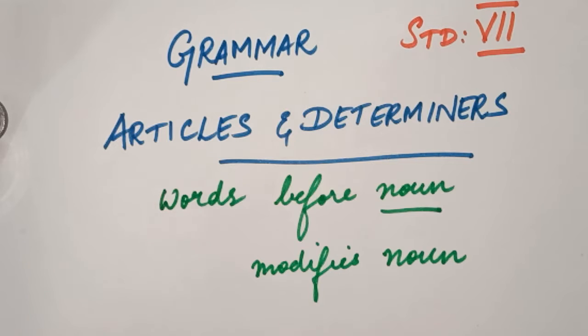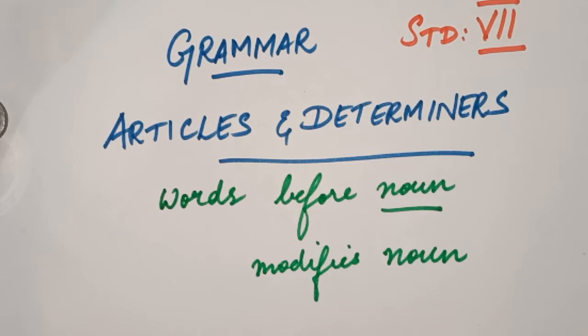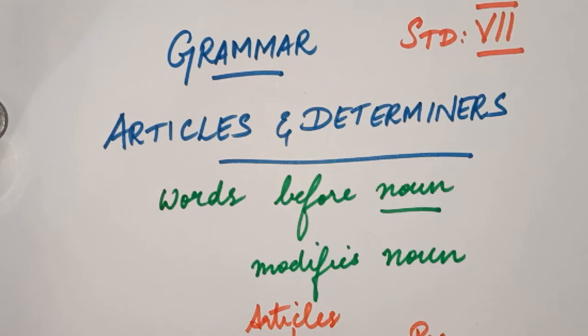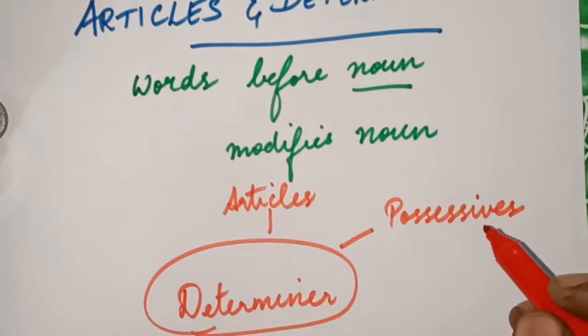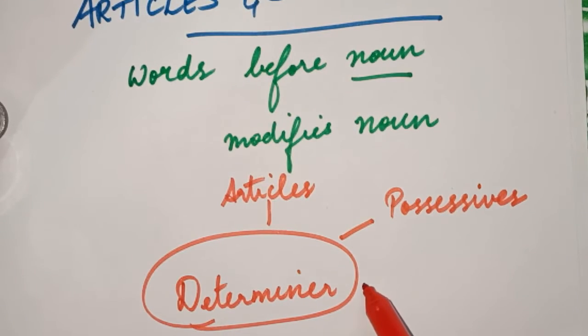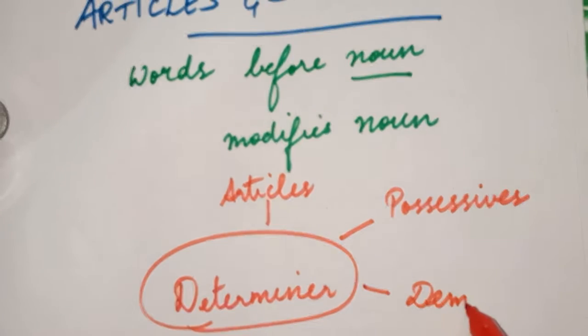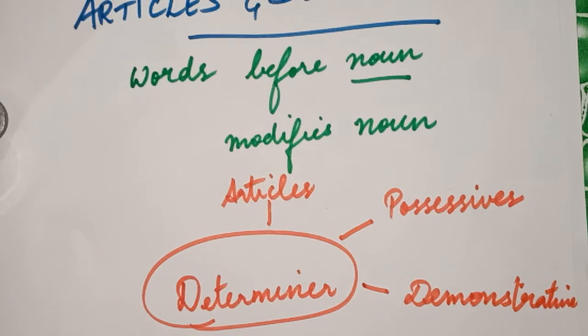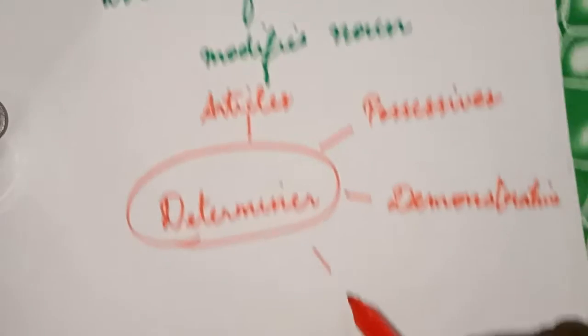Okay, so we have several types of determiners. So what are they? Your determiners are divided into several types. The first one is articles. The second one is possessives. The third one is demonstratives. The fourth one is quantifiers.